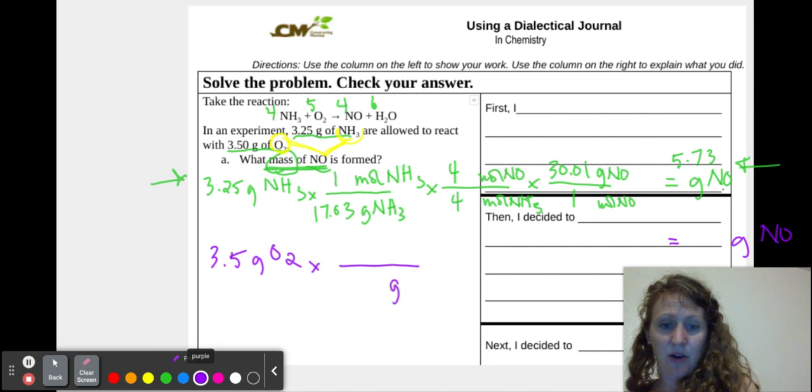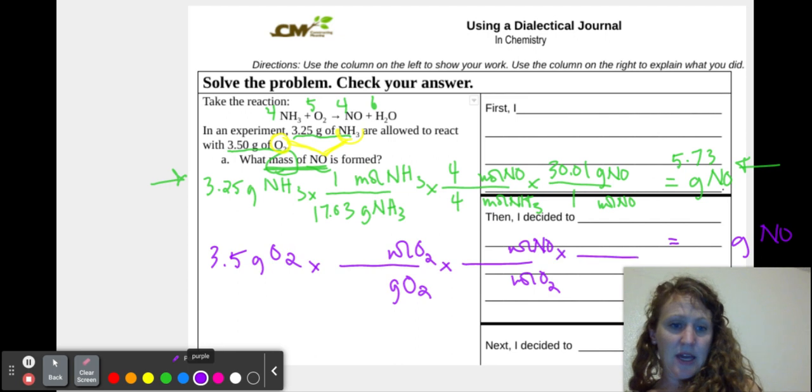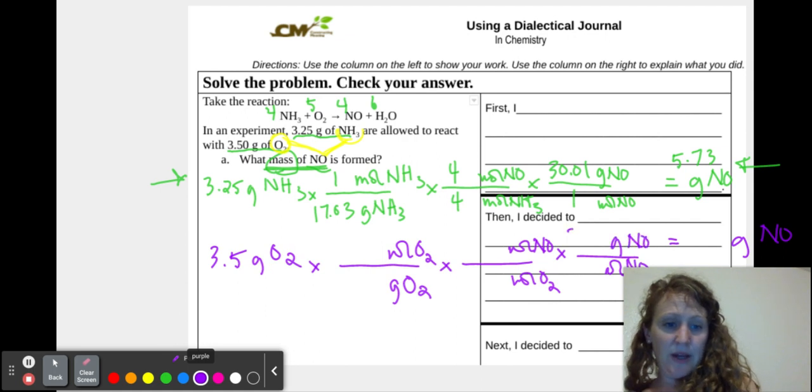So I want to get out of grams of O into moles of O, out of moles of O into moles of NO, out of moles of NO into grams of NO. Well, the molar mass of NO will be the same, so I can just fill that in.